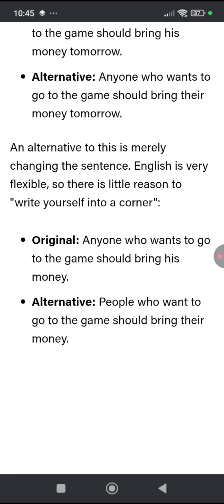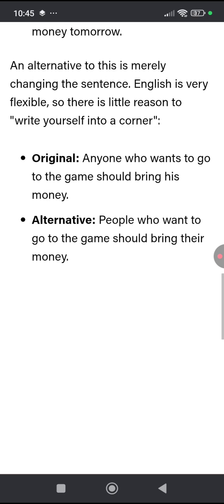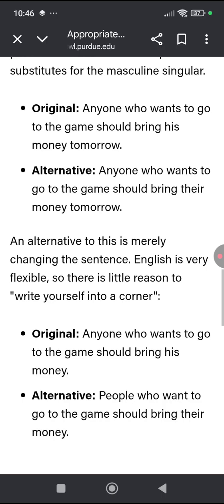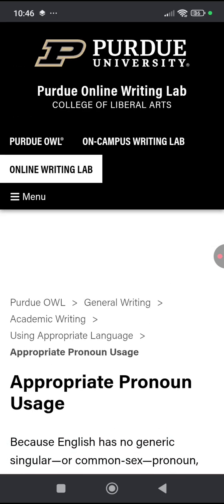So, how do we rewrite this? The alternative is people who want to go to the game should bring their money. So, people is referred to by their. So that includes both masculine and feminine. So these are some of the ways in which we can use pronouns appropriately.